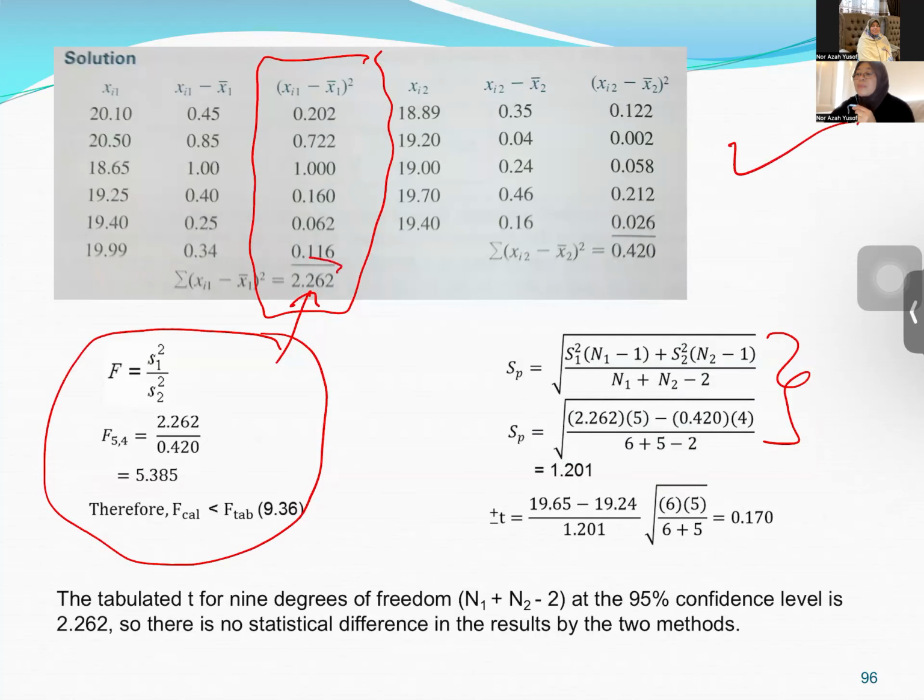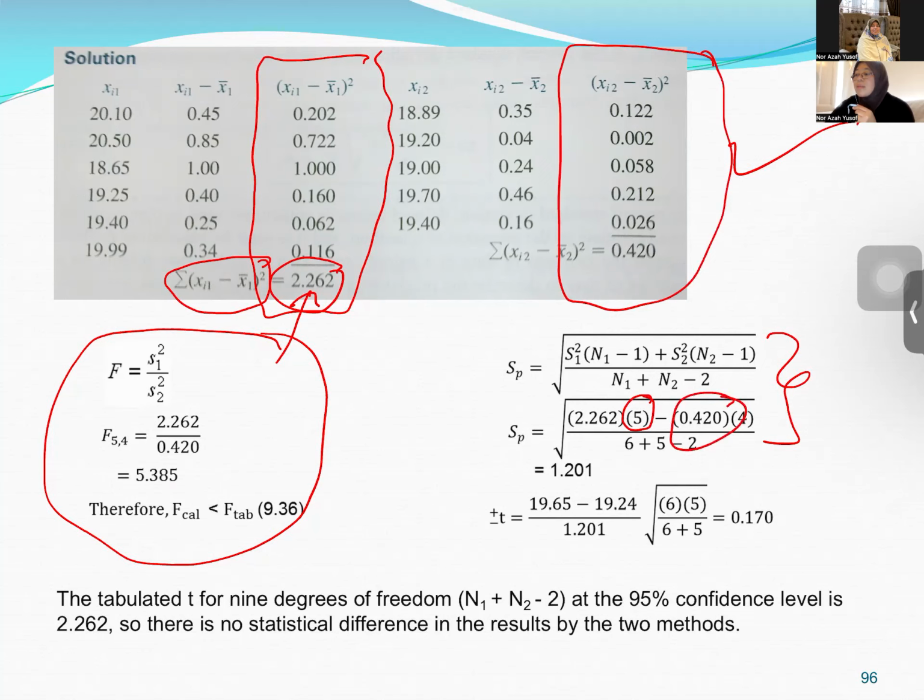The total, which is 2.262, is obtained from the sum of observation minus x bar, squared. Then this is n minus 1, and this is from the reference method. We have to do this using Excel. And this one is the number of samples for set 1 and set 2 minus 2.